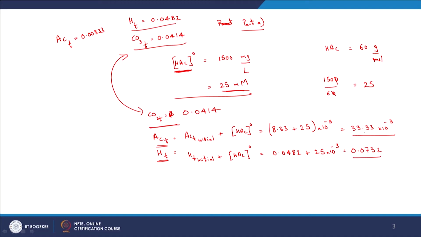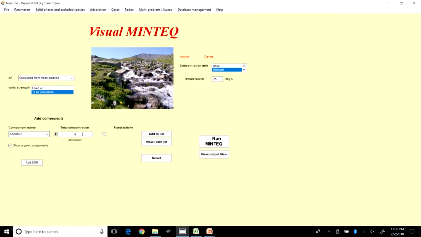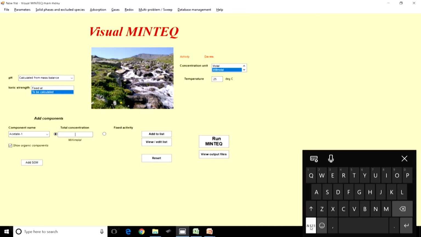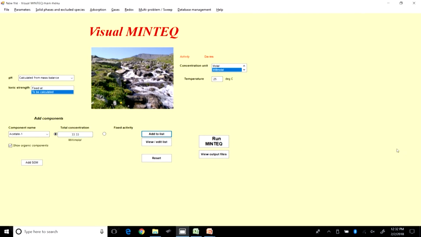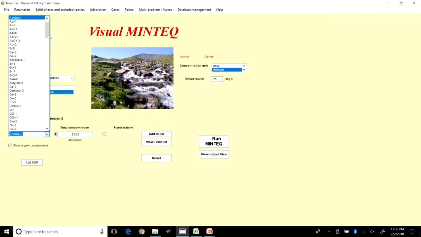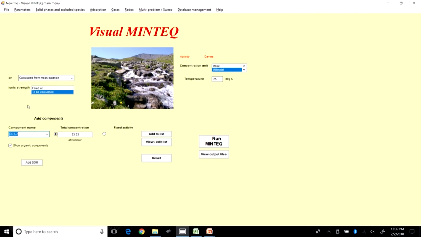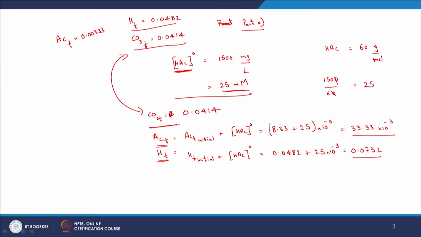That is equal to 33.33 millimolar, right. Then what next? I also have CO3 total, and let us look at that particular value. Where is that value, please? CO3 total is 41.4, let us say, millimolar, and let us plug that in here.